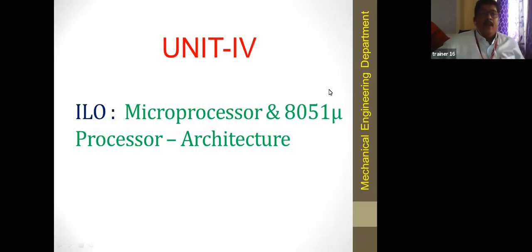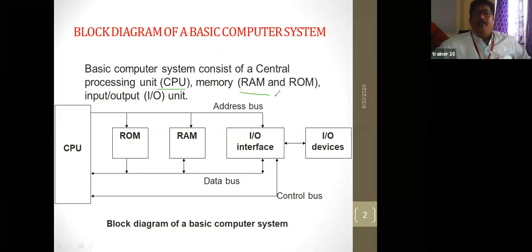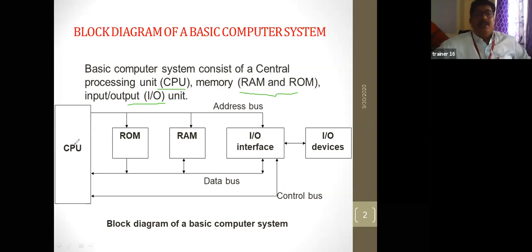Now this is the block diagram of a basic computer system. Here the central processing unit, the memory, RAM and ROM, and the input-output section, the input-output devices. The CPU, in other words, we can also call it a microprocessor.